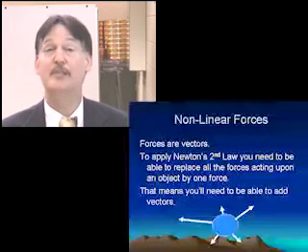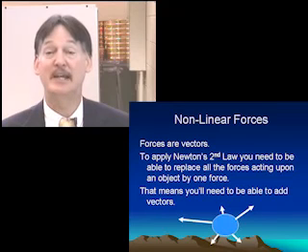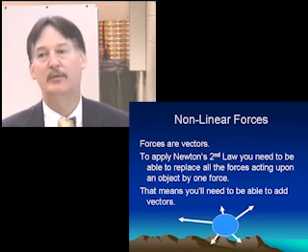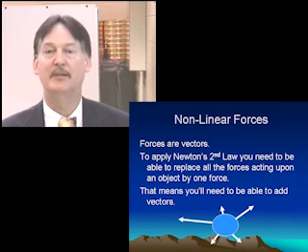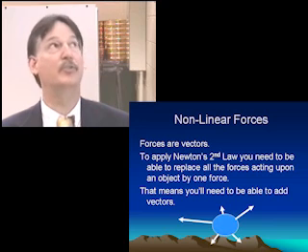Now in that problem, we were dealing with two forces that were collinear, meaning they were on the same line. The 6.5 in one direction and opposite to it, the 9.5. Well, not all forces are going to be collinear. We call these non-linear forces.